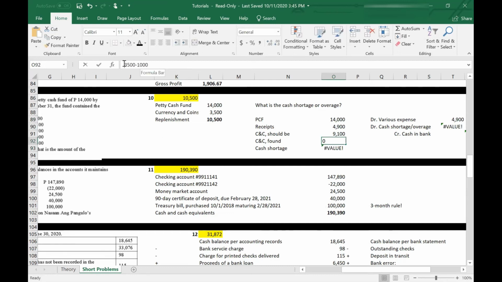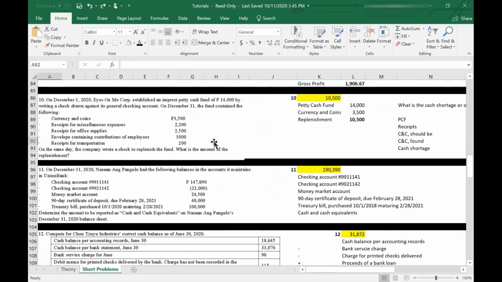So your real currencies and coins pertaining to the cash fund was 2,500. And the cash shortage would increase, from 5,600 earlier, it became 6,600. But I think that problem, where the envelope got mixed in with the petty cash fund, will be discussed in 114. But for this problem, it's sufficient to know that the replenishment check amounts to 10,500 pesos.